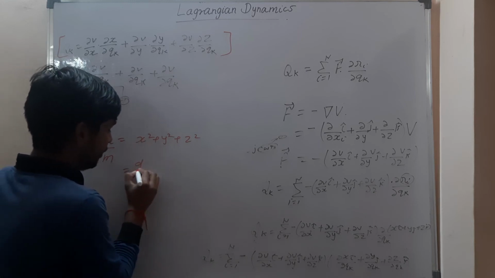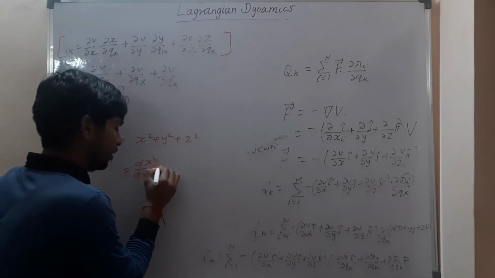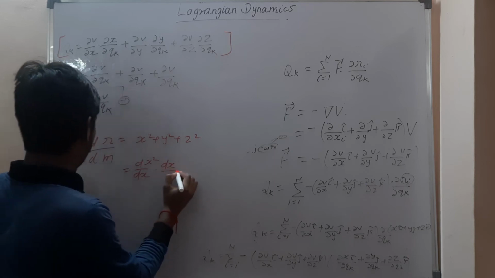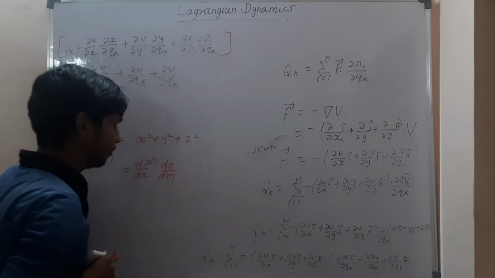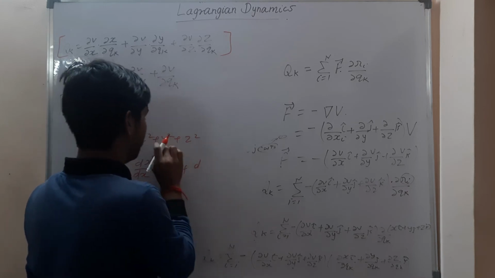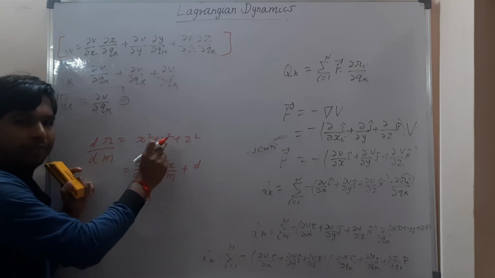I will write d by dx, differentiate with x first, x square, then I will differentiate x with respect to m. Similarly, this term is not differentiable with m, but it is differentiable by y.